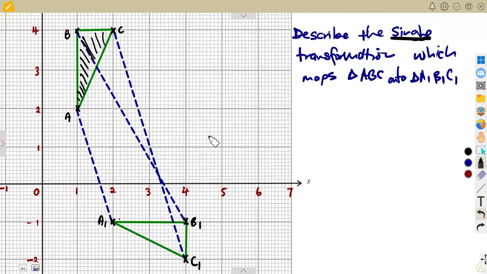Let's summarize and analyze what just happened. There's just something that just happened. What is it? The crossing of lines.